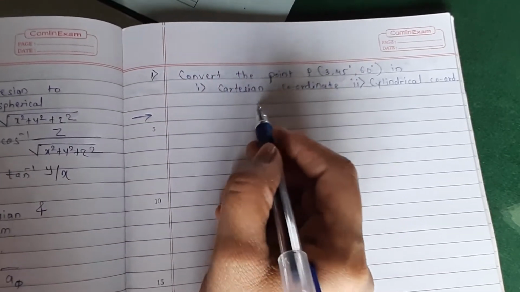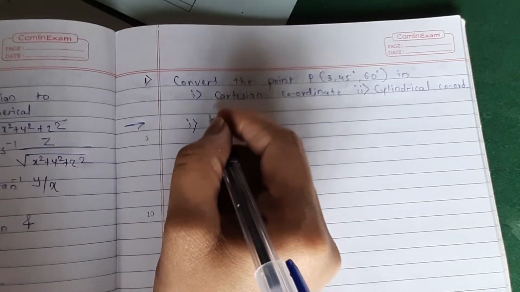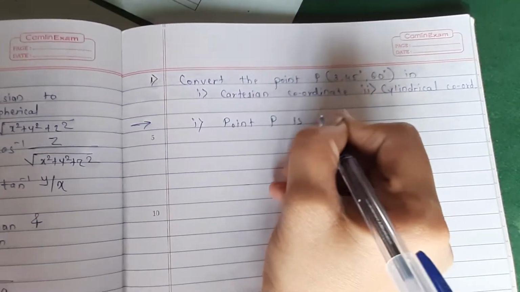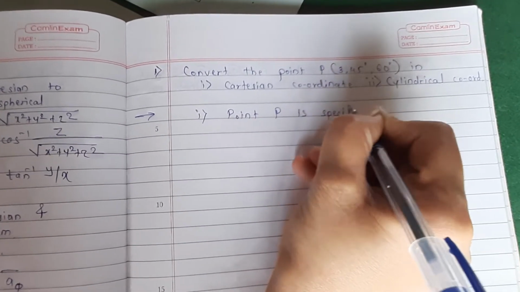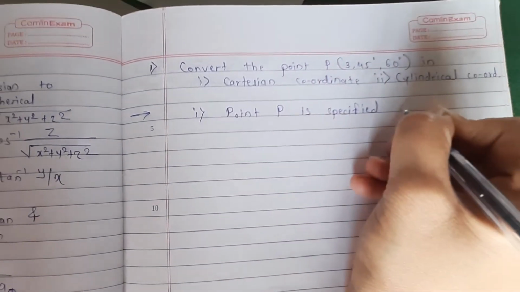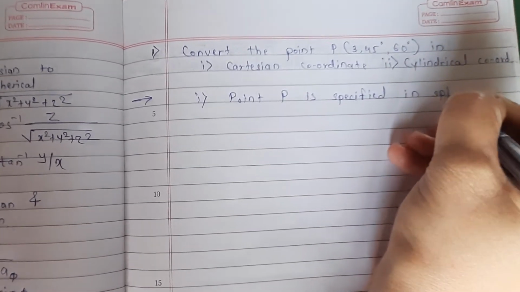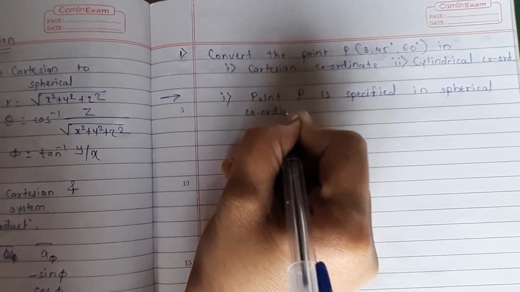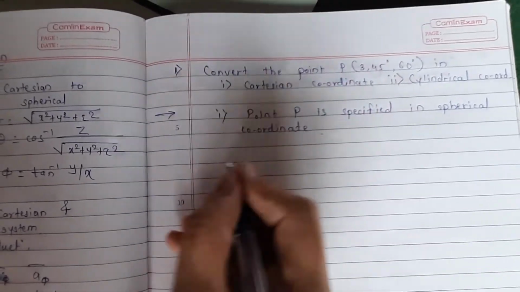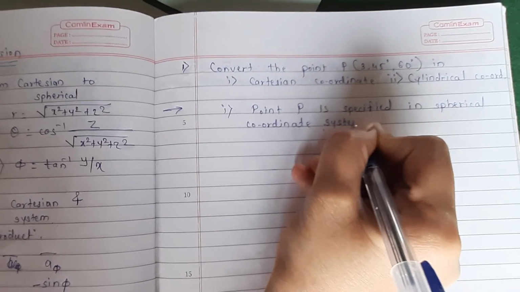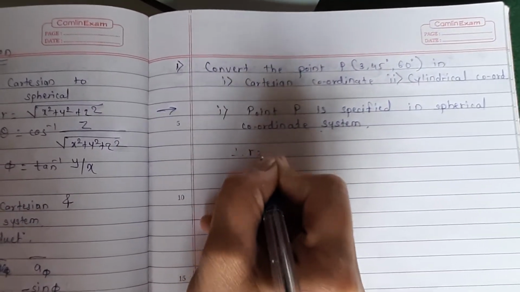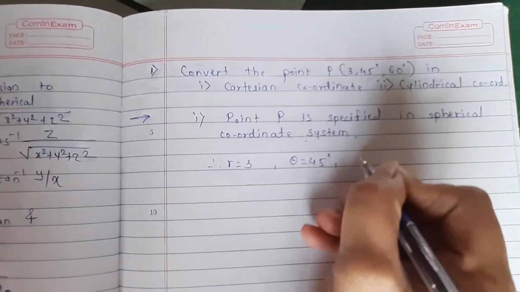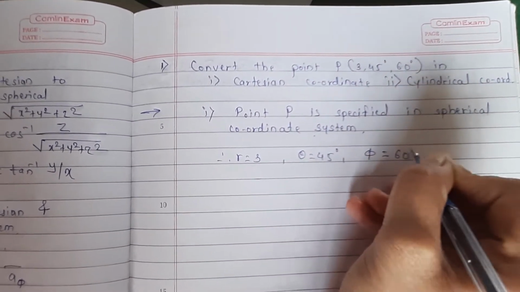We have to find the Cartesian coordinate first. So r is equal to 3, theta is equal to 45 degree, and phi is equal to 60 degree.